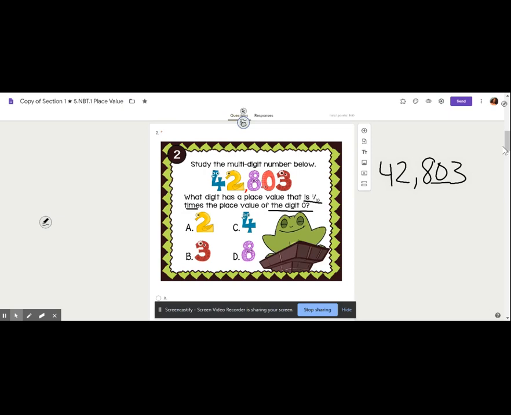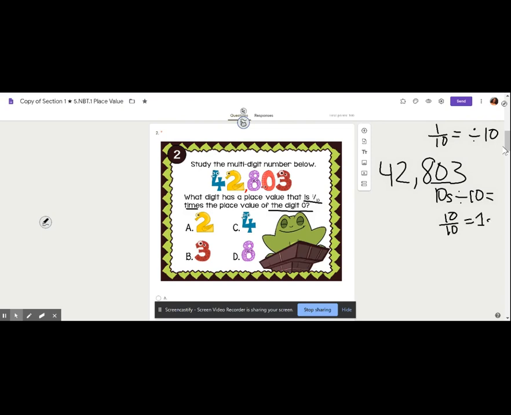Our 0 is in the tens place, and it says I'm doing 1/10. That means anytime I see 1/10, that means I need to divide by 10. That's what that fraction is telling us to do. It's telling us to divide by 10. So 10 divided by 10. What does that equal? If I have 10 over 10, that equals 1.